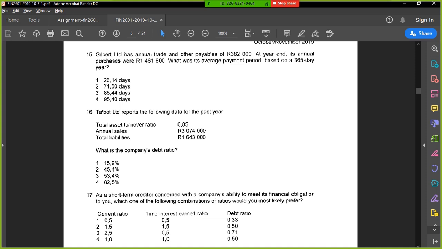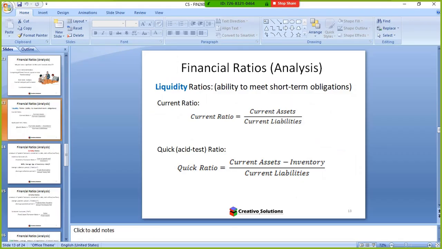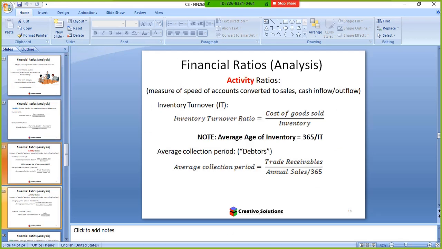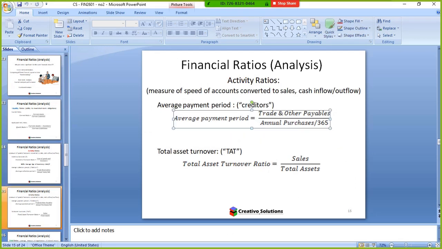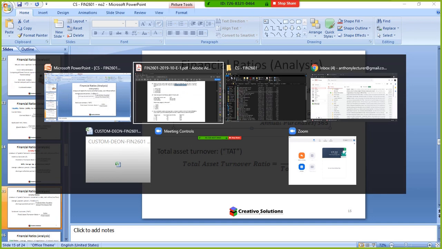Annual trade and other payables. What's the first formula? The one that you read here. Average payment period. If you go to your notes, you'll see it here. Average collection, average payment. There, copy paste.